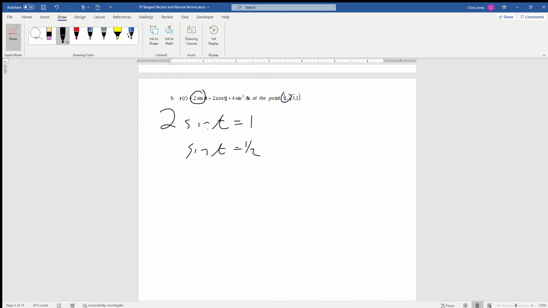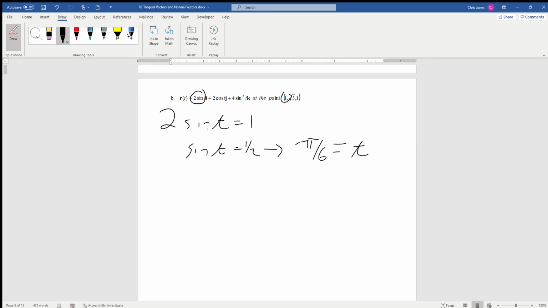And then we just have to go into our unit circle and remember, where is the y value equal to a half, at what angle? All right, and realistically it's either going to be pi/6, pi/4, or pi/3. And just by doing a little bit of memorization of the unit circle, we're going to say that pi/6 is going to be equal to t.